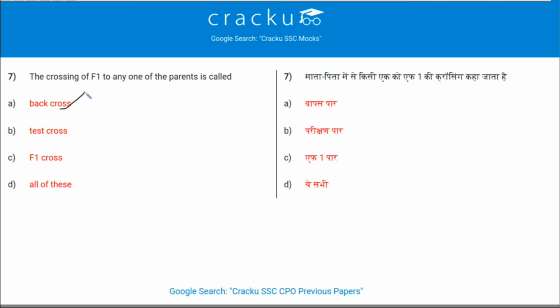Option A. Whereas test cross is dominant phenotype crossed with homozygous recessive genotype. The dominant phenotype can be capital T or capital T small t, crossed with homozygous recessive, that is both small t. That is test cross, but here the answer is back cross, option A.